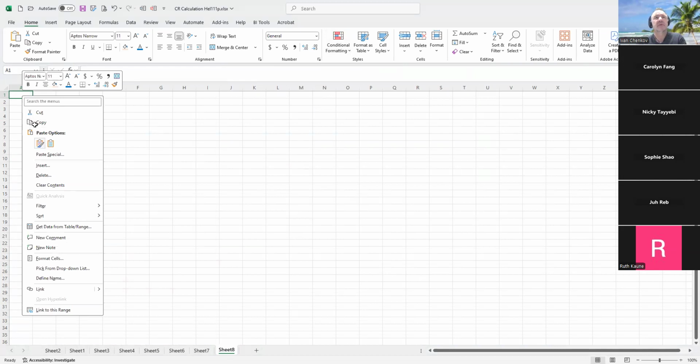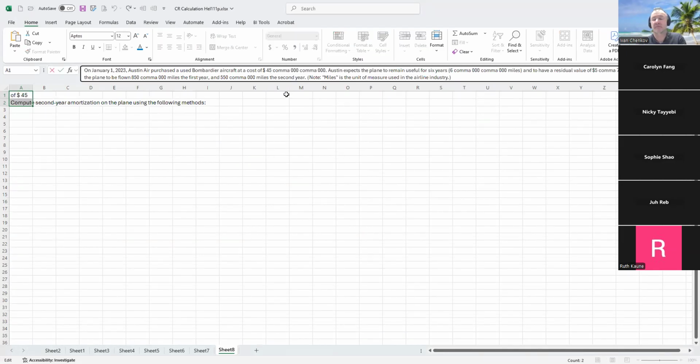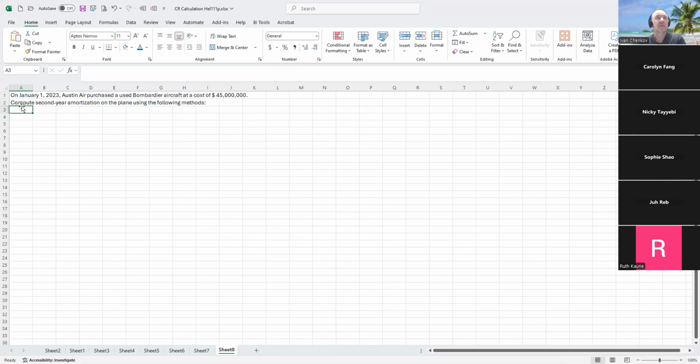Yes. Okay, this company purchased and used a Bombardier aircraft, cost of 45 million, should be million, right? Bombardier should be a little bit more expensive. The company, let's keep computer secondary amortization.